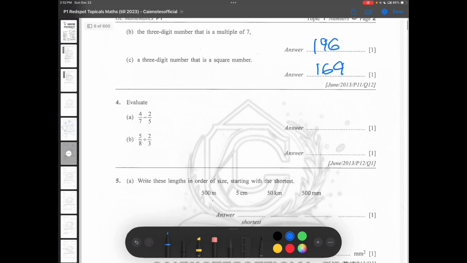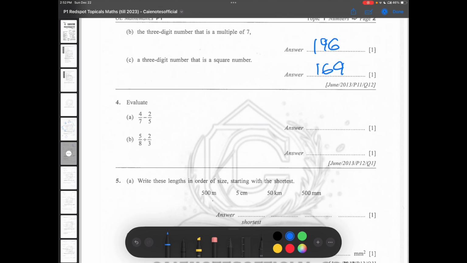Let's move to question number 4. 4 upon 7 minus 2 upon 5. We will have to make the denominator the same first, and you do it by taking the LCM. And the LCM of 7 and 5 is 35.